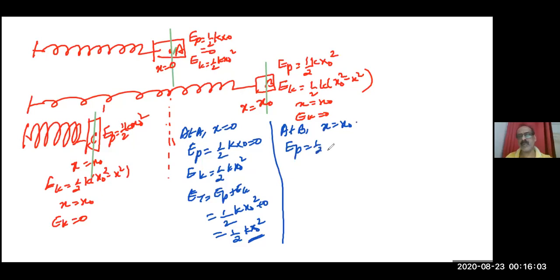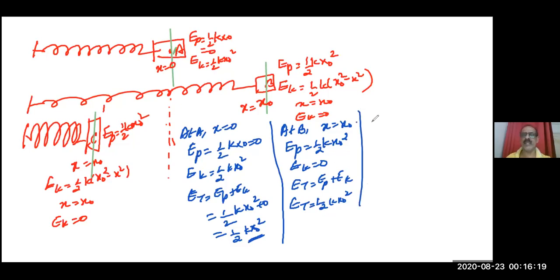Then EP is equal to half k x naught squared, Ek is equal to 0, and E total is equal to EP plus Ek, which is half k x naught squared. At C, same thing. EP is equal to half k x naught squared, Ek is equal to 0, then E total is half k x naught squared.